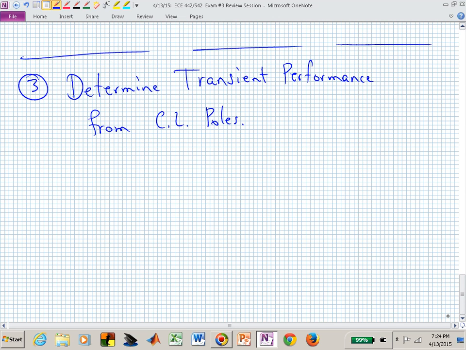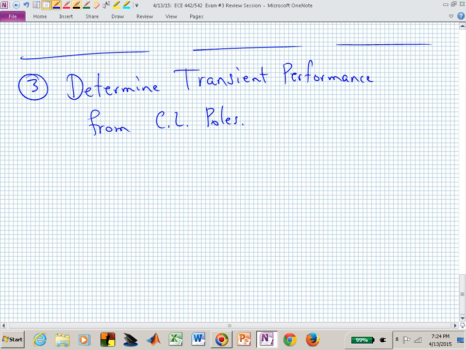And here you're just going to have to basically throw out zeros if they're in there. You're just going to say, I'm going to base all of this analysis on the closed loop poles and how I know they are related to one another.